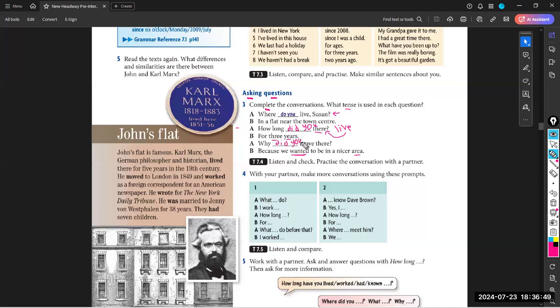Keep in mind, please, guys, if I want to use here the present perfect, if I want to say how long have you been or have you lived there, don't forget that this person is still there and he didn't change his place. So please keep it in your mind because there is a big difference between simple past and present perfect. Let's listen and check, especially A, just to check if it is correct or not.